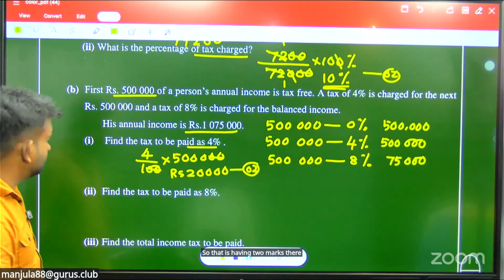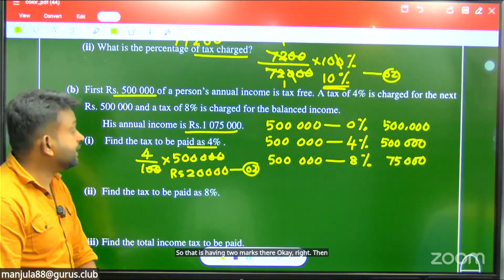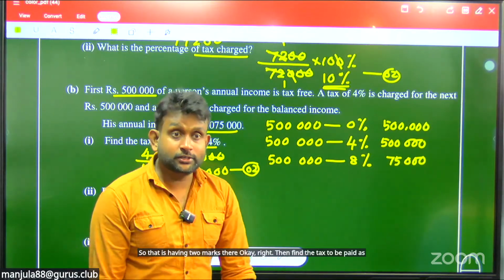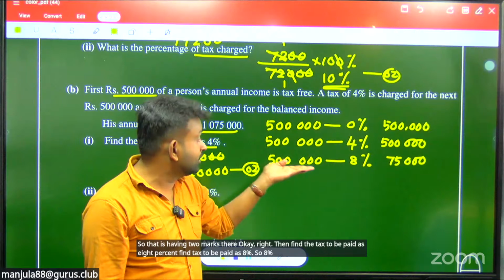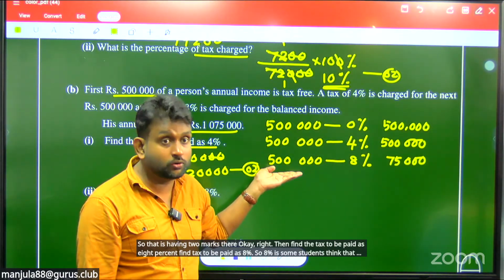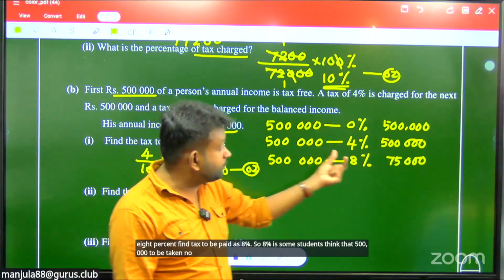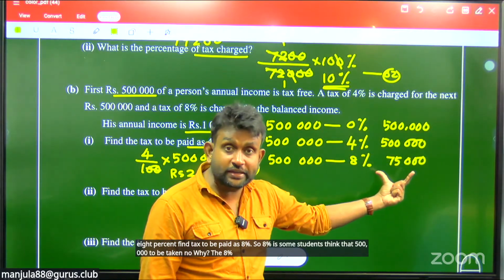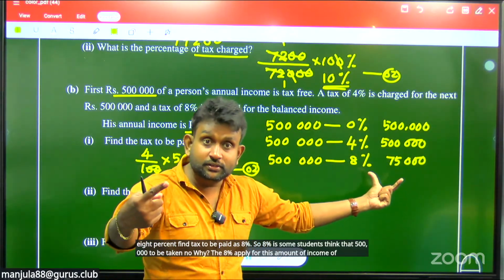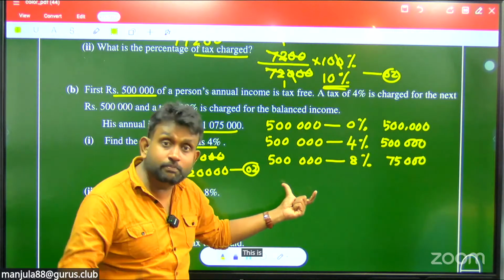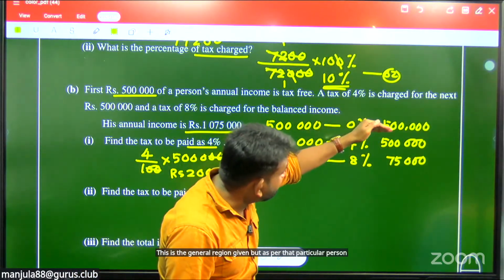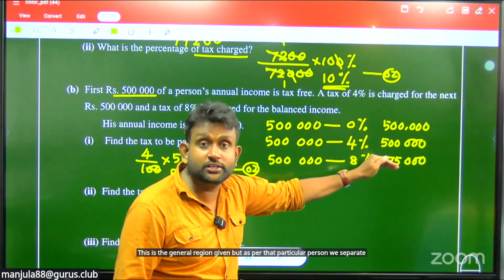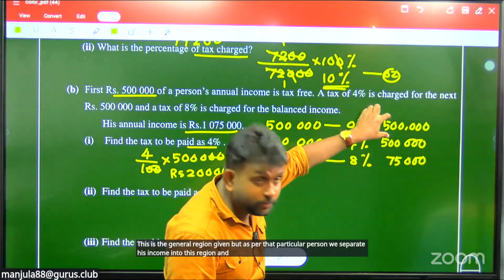Okay, right. Then find the tax to be paid at 8%. Some students think that 500,000 should be taken. No. Why? The 8% applies to the income of that person. This is the general region given, but for that particular person we separate his income into these regions and apply the tax percentage to his income.